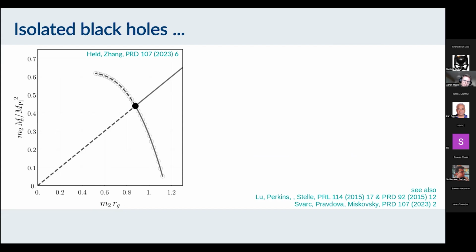Think of this as the asymptotic Schwarzschild mass, and m2, just to remind, was the mass of the ghost, of the spin 2 heavy particle. I'm just rescaling this here so that the plot applies to any value of m2. Now you can understand that the diagonal line here is just the Schwarzschild solution, because rg equals 2m everywhere on this solution.